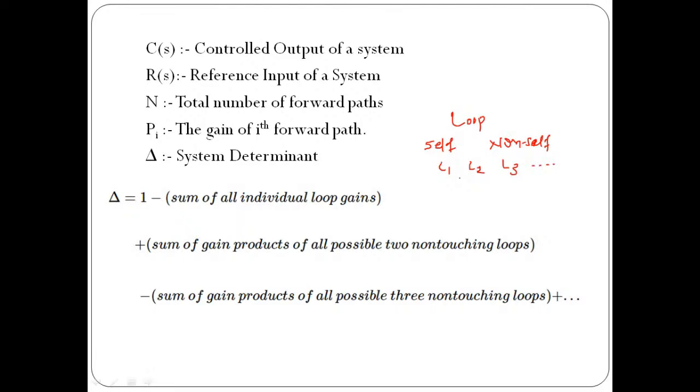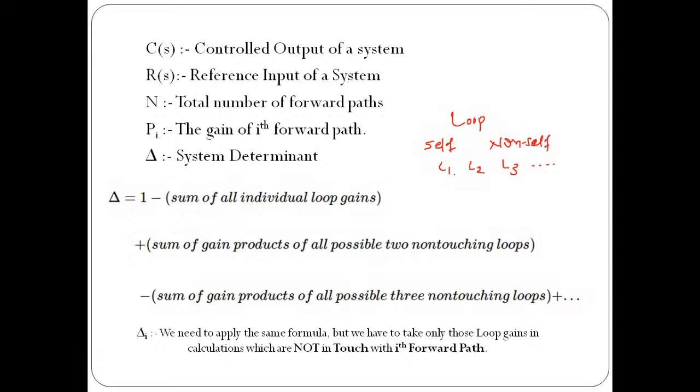I told you that in order to find the value of gain, maybe for a forward path, maybe for any loop, we need to multiply the gain of the branches which are responsible for the formation of that particular forward path or loop. Then we need to identify how many loops are touching, how many loops are non-touching, and so on. Once we have the idea about all these parameters, it is very easy for us to find the corresponding transfer function.